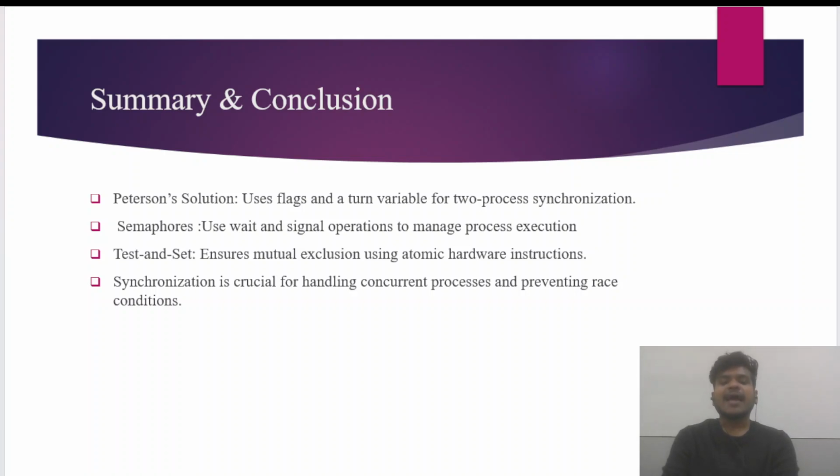Then the test and set operation. It is an atomic operation that helps implement synchronization by checking and setting a variable in a single step. These synchronization tools are crucial for managing concurrent processes and ensuring that the system maintains its integrity.